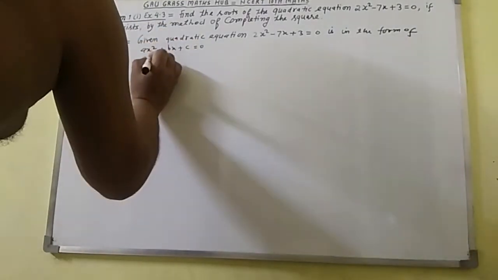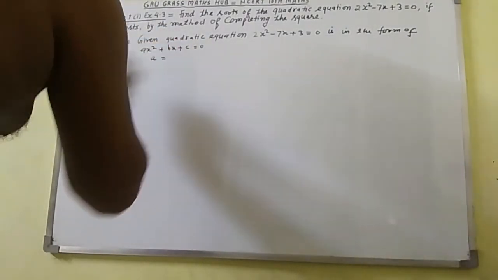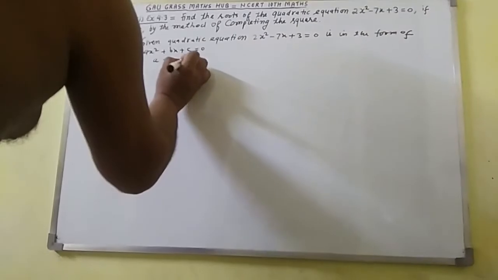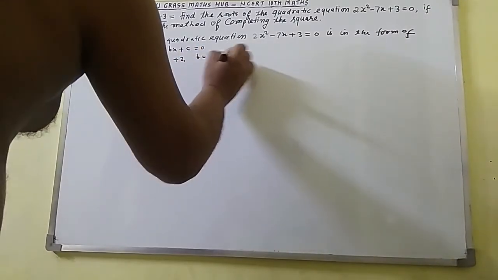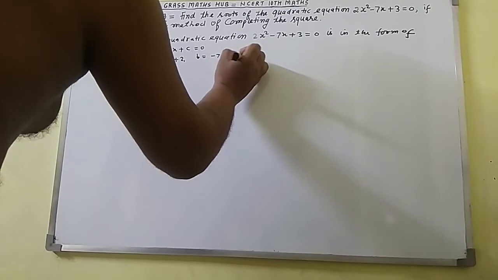Therefore, a equal to plus 2, b equal to minus 7, c equal to plus 3.